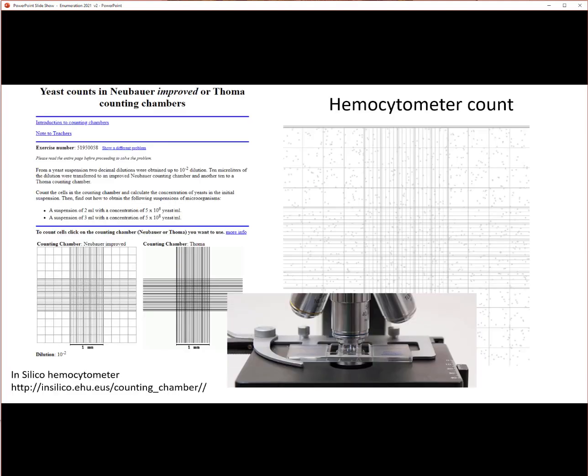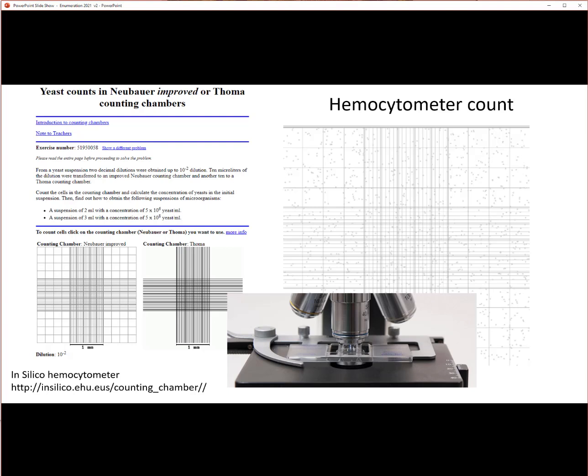All right, the third method of what I want to introduce you today and how to count microbes is the hemocytometer. And the hemocytometer goes back to the beginning of hematology, where physicians try to look at blood cells, red blood cells and other blood cells, to see if there's any diseases that can be detected by looking at the blood.